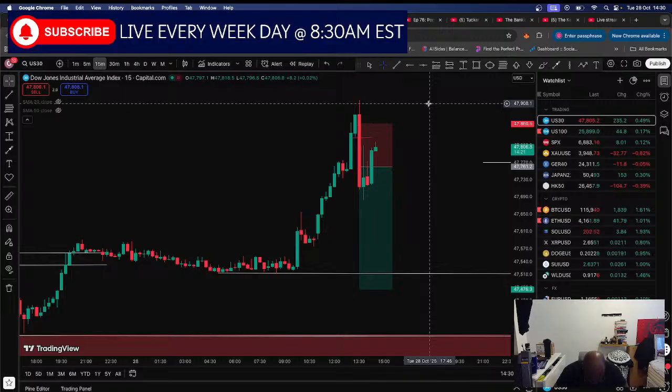As you can see, there's just so many buyers in at this level. You can't even get the following candle to even slightly turn red. That indicates to me that we're about to take off.